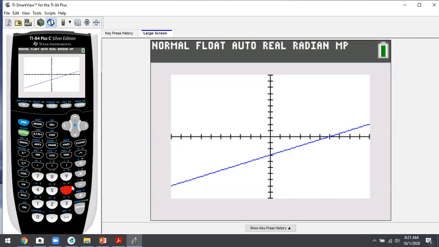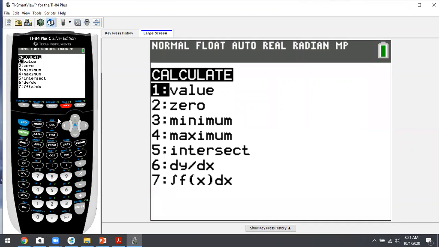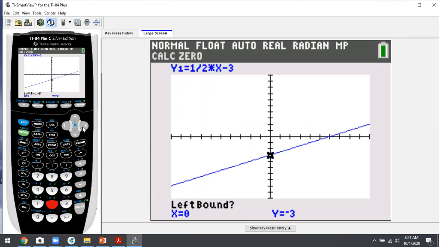So how do you find the x-intercept? Don't guess. Go to second calc. And as you should know from your last test, 0 is the option you're looking for here. You're looking for where it crosses the x-axis, so you pick a 0. You move your cursor anywhere to the left of where it crosses the x-axis. Here's where it crosses. My cursor is definitely to the left. I hit enter.